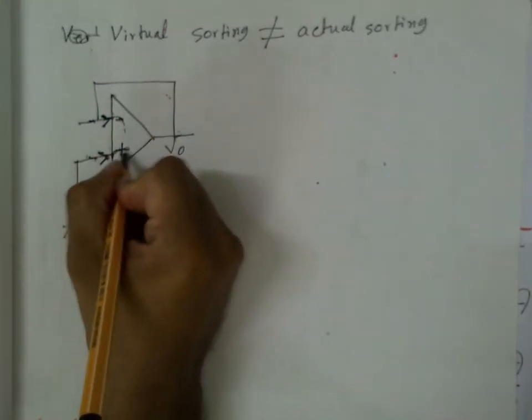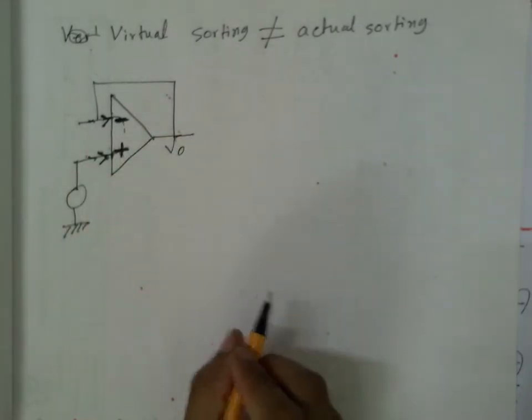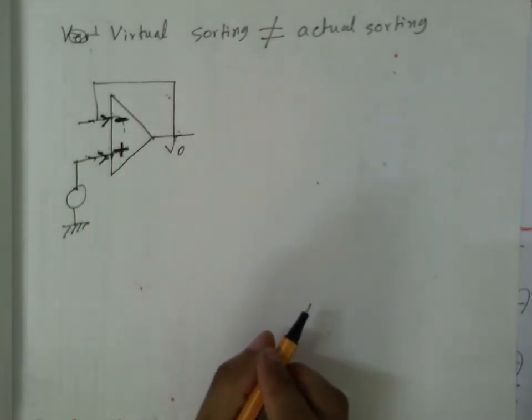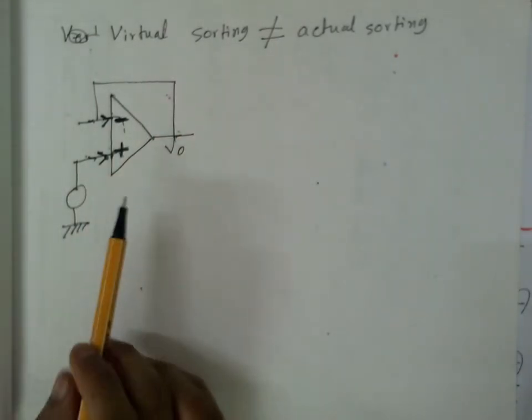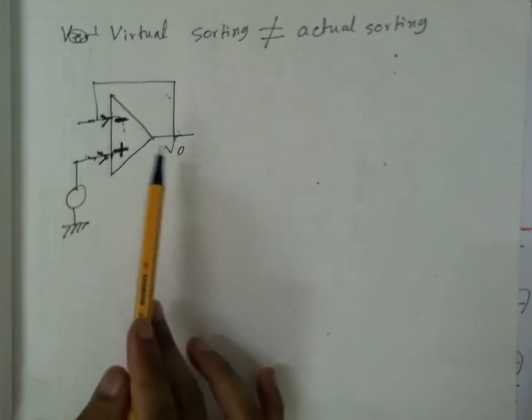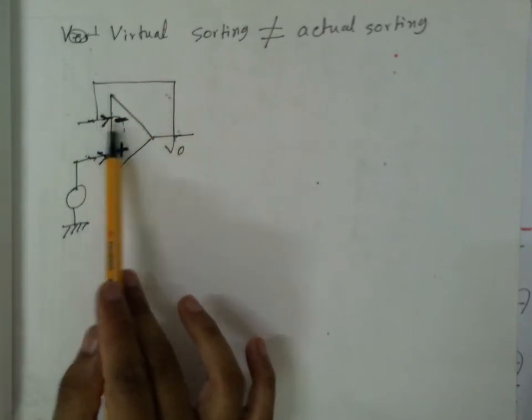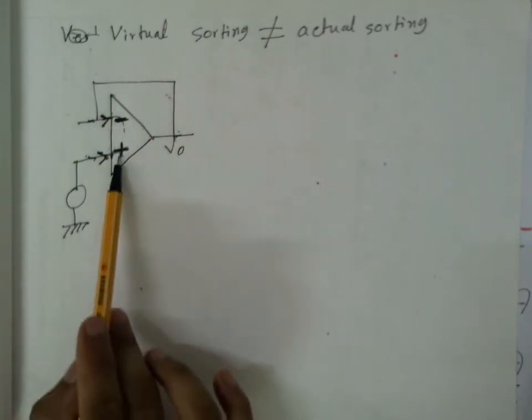This was the plus, this was the minus terminal, right? And the fact that these two are at the same potential is only because the op-amp increases its output potential and tries to make it equal to this potential.